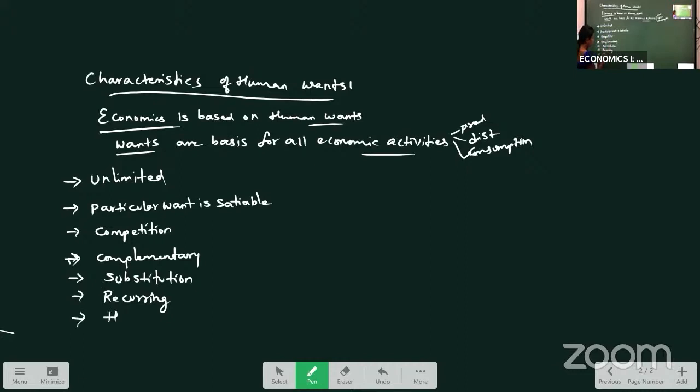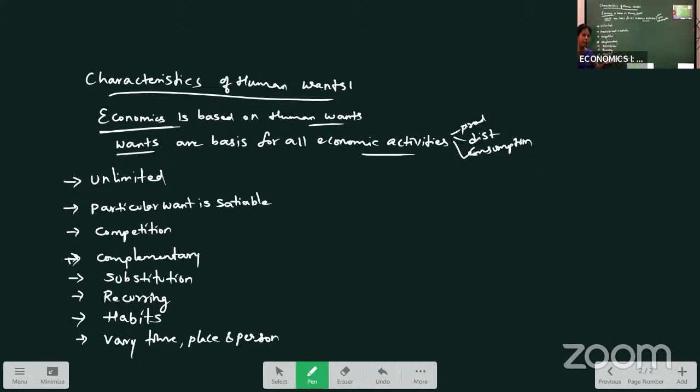And wants change into habits. If you are doing anything continuously, it may change into a habit, right? So wants change into habits, and wants vary with time, place, and person, because one person's want will not be the same as another person's.